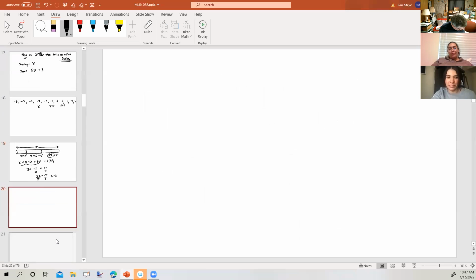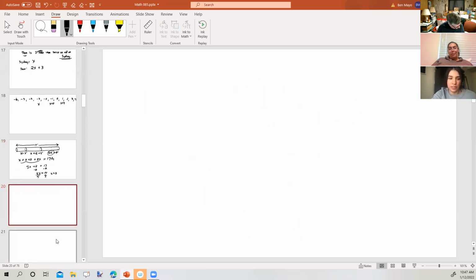All right. This says, if x represents an integer, write an expression for the next largest integer. So if the first one is x, the next one would be x plus 1. It didn't say odds or evens. It said the next consecutive integer.